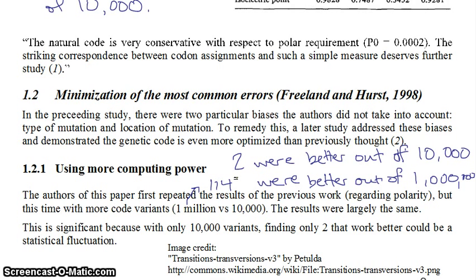They really should have gotten 1.14. Of course, you can't do that out of 10,000, which is why they needed a larger number of random genetic codes to get these better numbers. So this is basically the same result that they found before. 2 is close to 1.14, and so they validated their previous result while making it more precise.